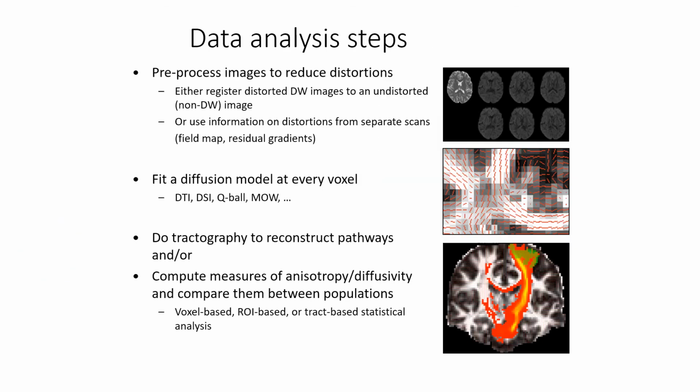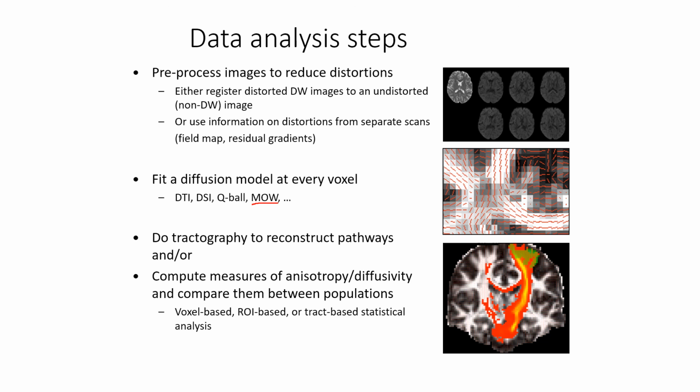So what you do is you have your raw data, you calculate distortions, you correct for them. There are different ways to do that. Then you fit some diffusion model at every voxel. That can be DTI, it can be some other methods. MOW is specific; it was developed here by some of my colleagues at the University of Florida, but there are other methods that are used.